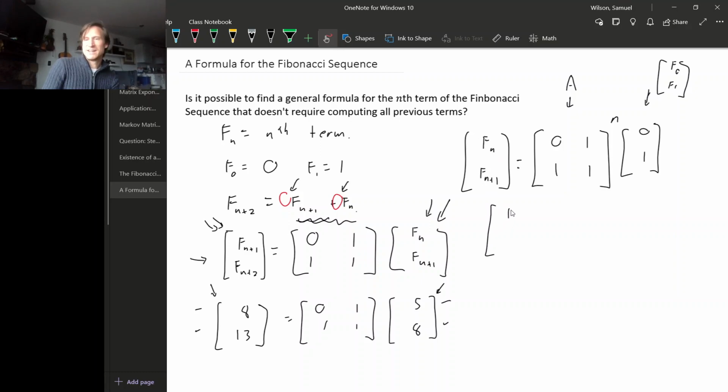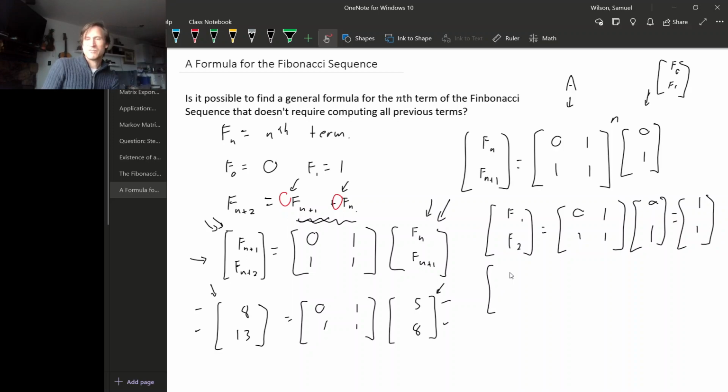And if we plug in 1 for n, then f sub 1, f sub 2 should be 0, 1, 1, 1 times 0, 1. And this is 1 and 1. And that's right. Okay, if we wanted f sub 2 and f sub 3, then we would have 0, 1, 1, 1 squared times 0, 1.